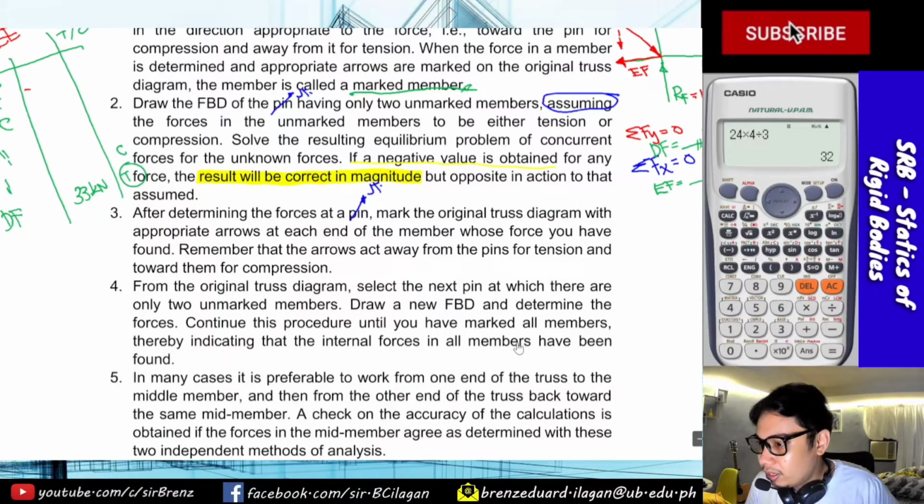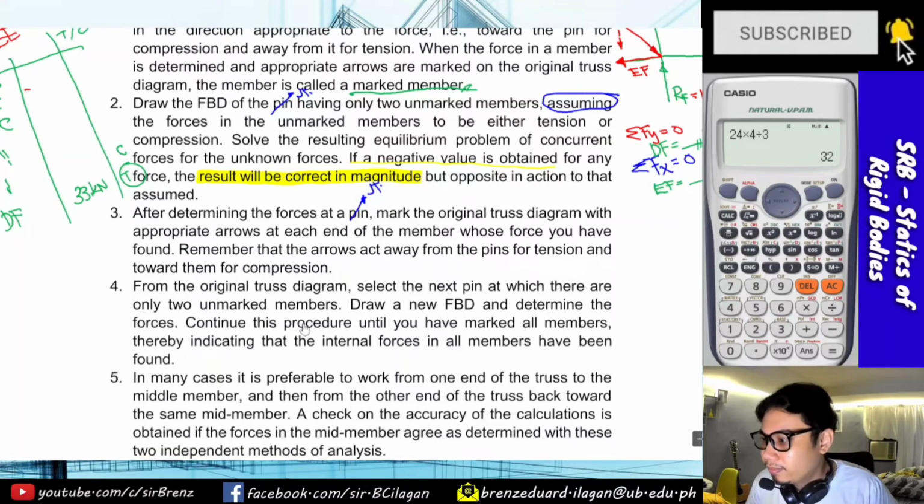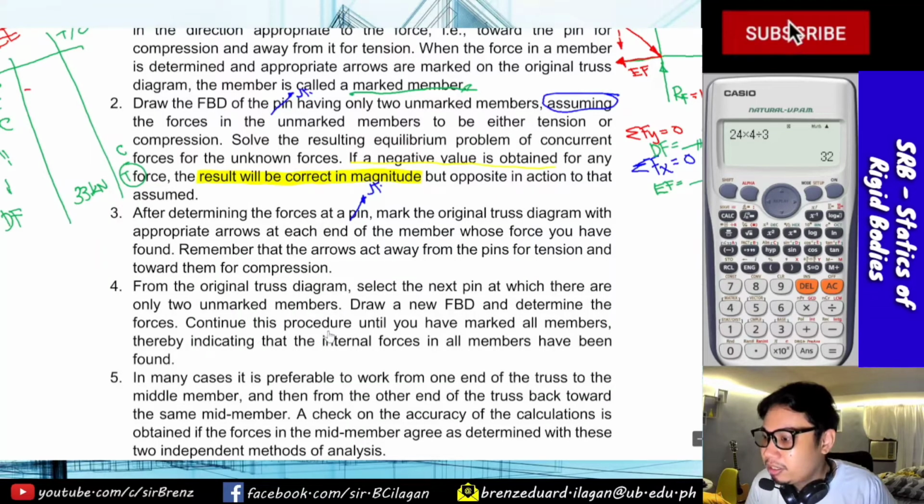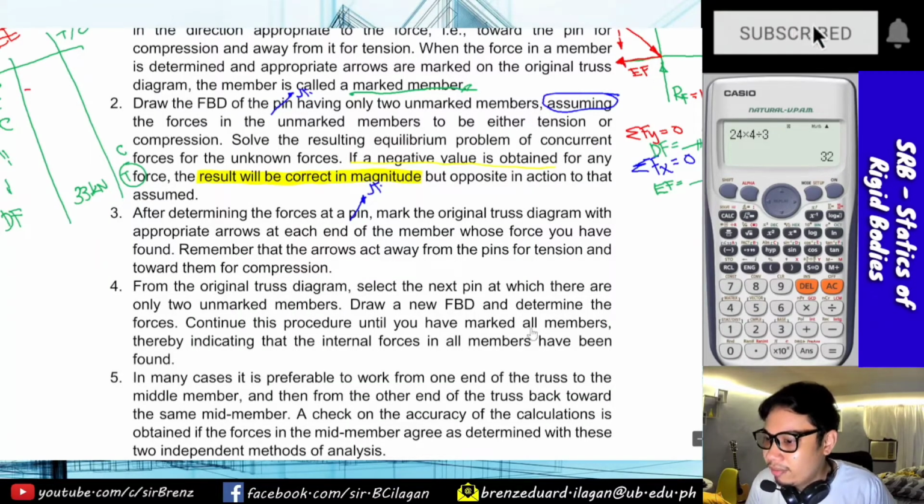Step number 4. So, from the original truss diagram, select the next pin at which there are only 2 unmarked members, draw a new FPD, and determine the forces. Continuing this procedure until you have marked all the members, thereby indicating that the internal forces in all members have been found.